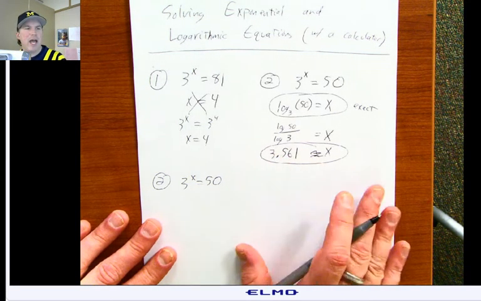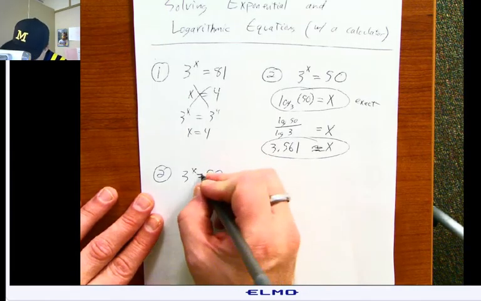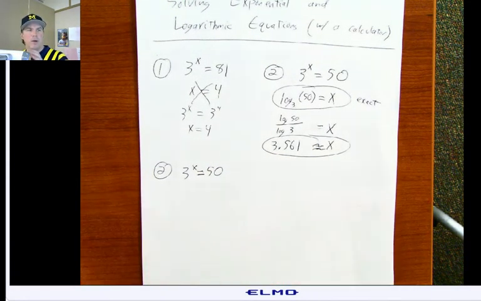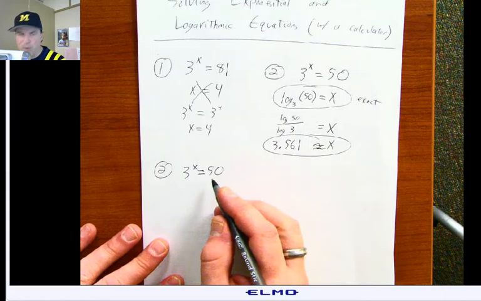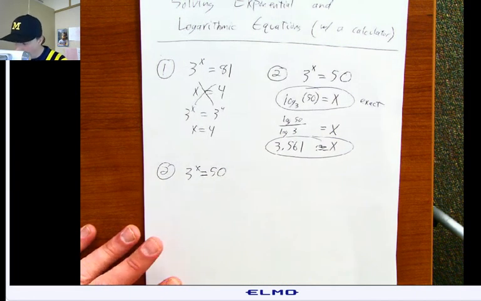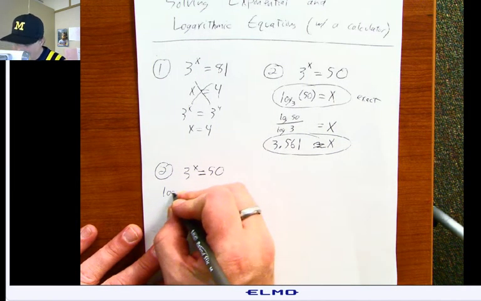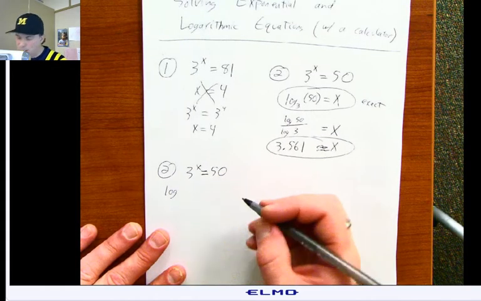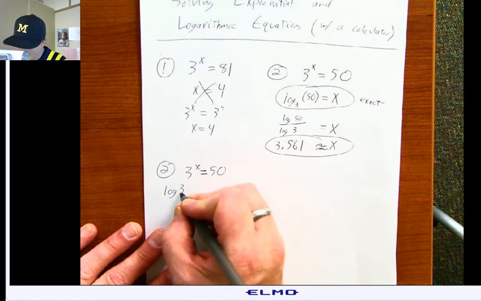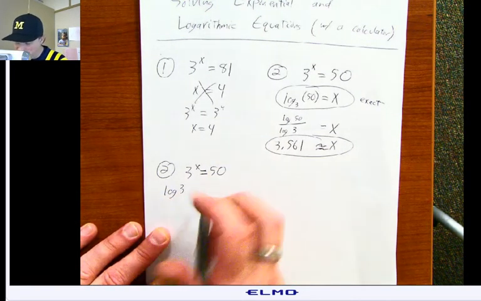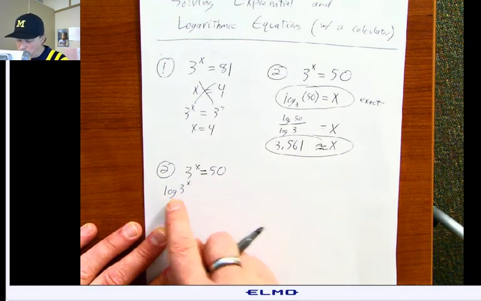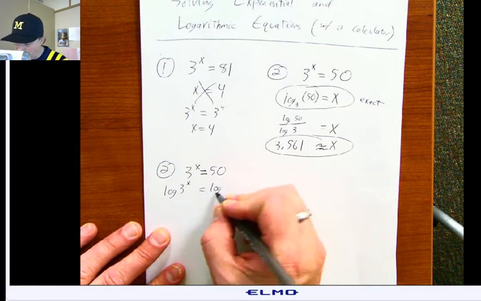Okay, yeah, that's the second technique, where we have these 2 sides, they say that they're equal, so we could always take log of both sides. And when you take log of both sides, it can be any base you want, so I'm just going to have it be log base 10. So I have log of 3 to the x equals log of 50.